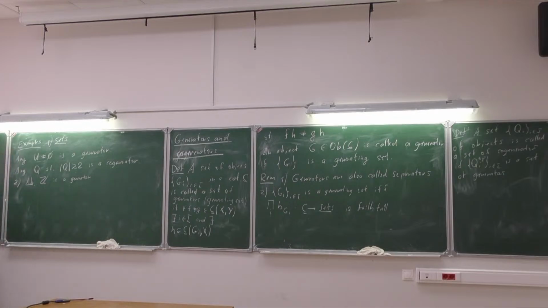But of course you're right. You can raise this set to some power and get any free abelian group, and it's still a generator. And in general that would be true. Even more would be true: if you have a generator, you can add to this generator anything, and this is still a generator in the category of abelian groups. But why, for example, are the integers a generator in the category of abelian groups?